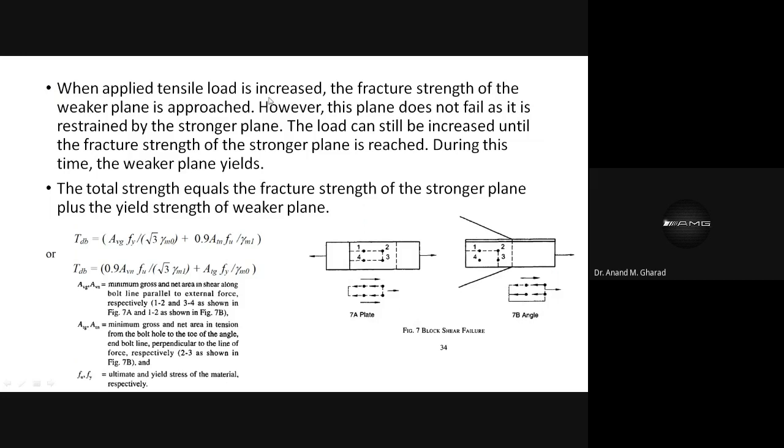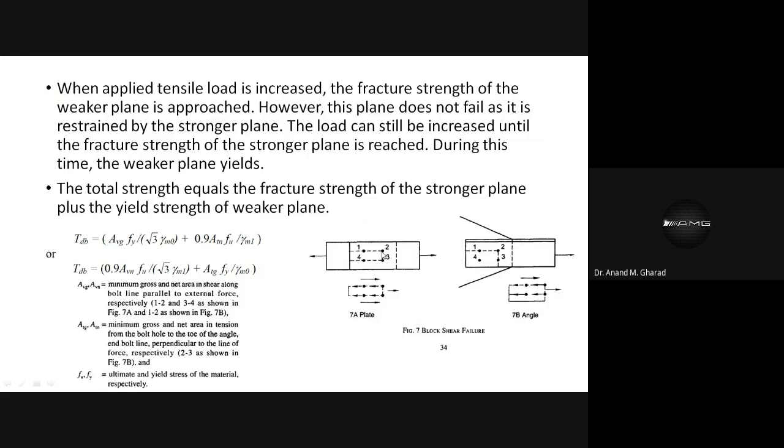What happens as per this statement? If the tension load is increased, first of all, this weaker plane will experience ultimate stresses. But the failure is restricted because of the presence of this stronger plane. Before failure, what will happen?